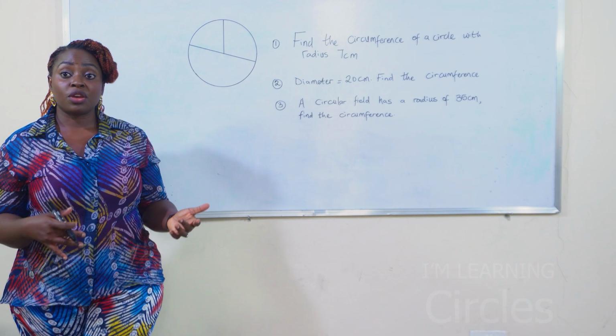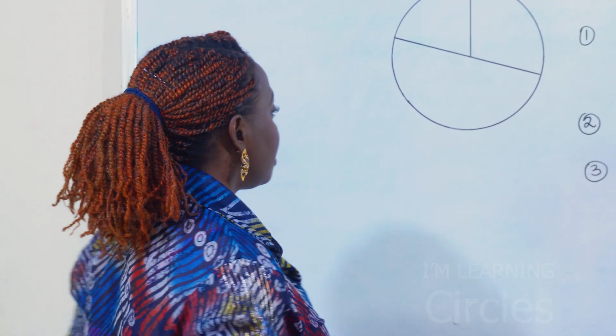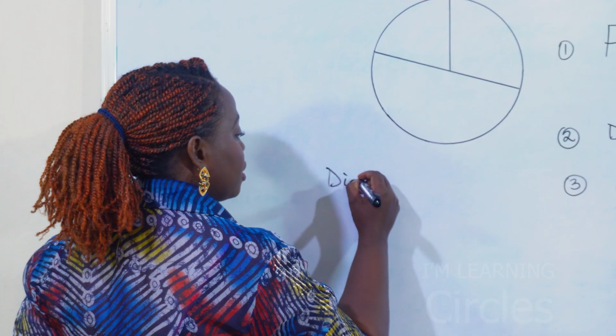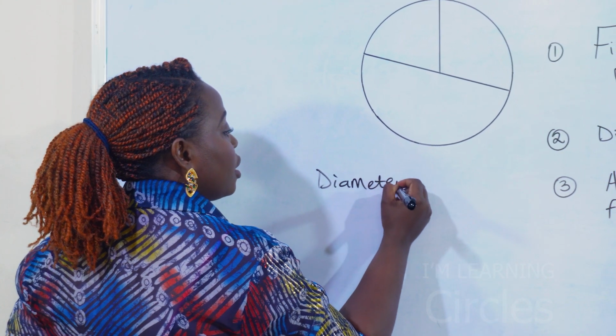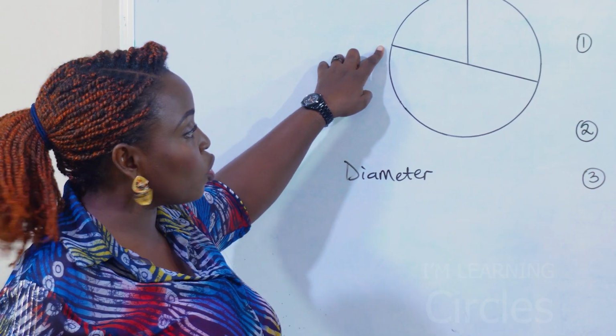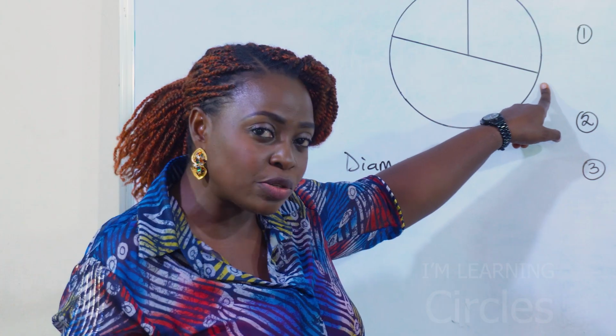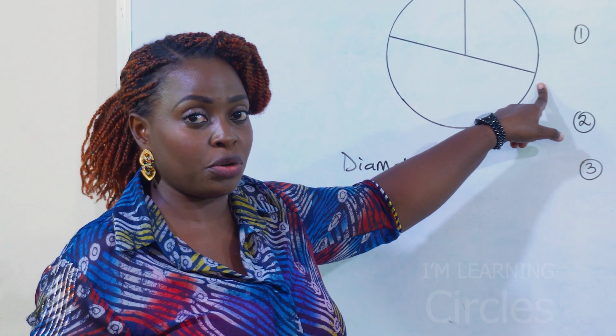Now, when solving the area or the circumference of a circle, there are three important things that you need to know. The first thing is the diameter. The diameter is a line that runs from one end of the circle to another end of the circle, passing through the middle or the center of the circle.